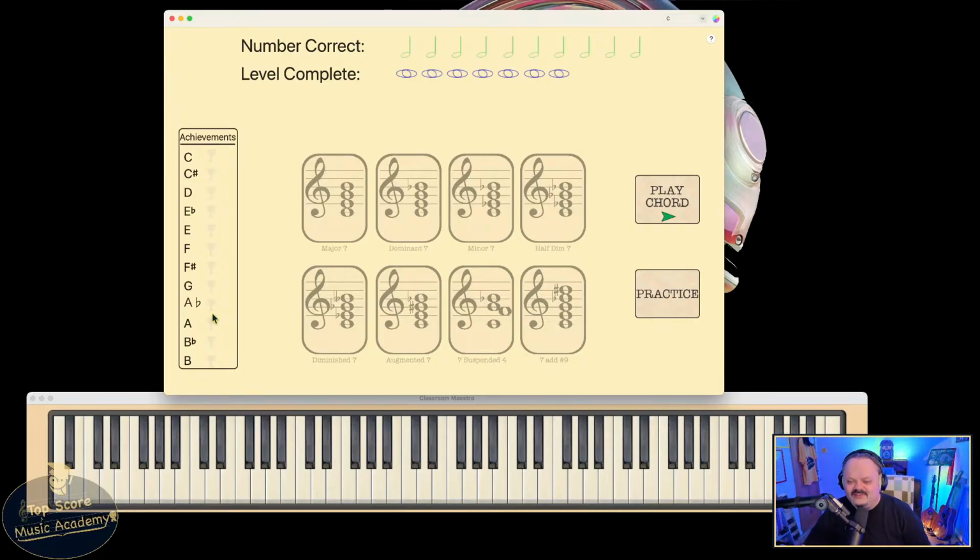We're going to be looking particularly at major sevenths, dominant sevenths, minor sevenths, half diminished seventh, and fully diminished seventh. We're not going to bother with augmented seventh or 7 sus4 or 7 sharp 9. Those are more jazz harmony and a wee bit more advanced, and you don't see them anywhere near as much as these ones. So we'll just stick to the 5 main ones. Okay, let's have a listen.